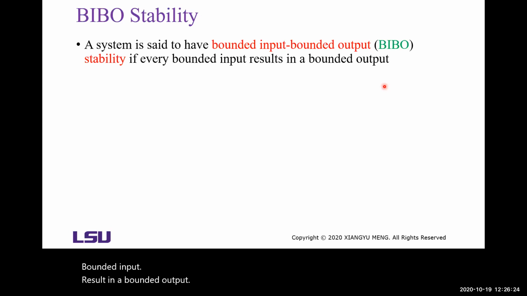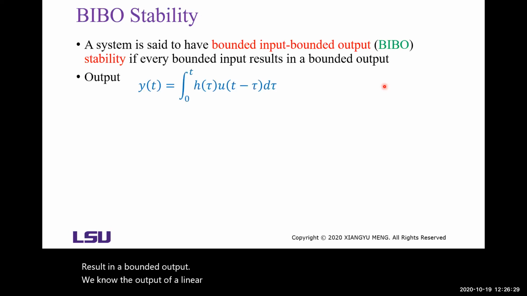We know the output of a linear time invariant system can be written as the convolution integral of the impulse response and the input. So here is a convolution integral, and h(tau) is the impulse response, and u(t minus tau) is the input.